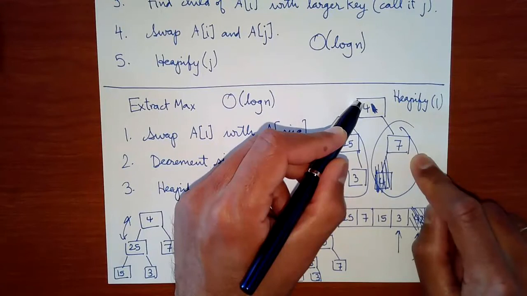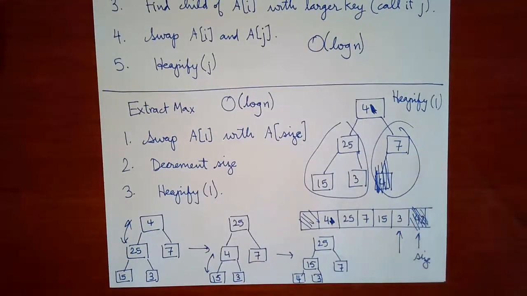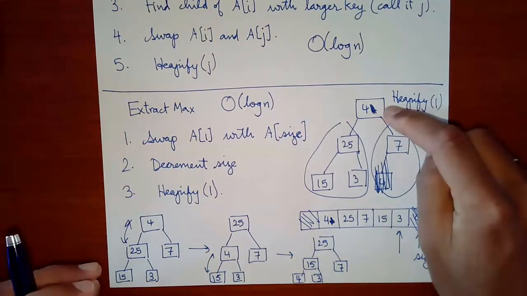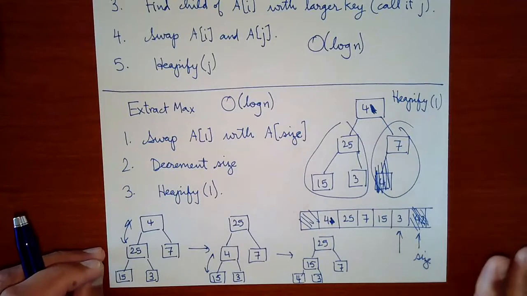Now, if you made more changes, then Heapify will not be able to fix the problem. So it's not like it will handle any problem. It only handles a very specific problem, which is that there is an issue with one node, and it will fix that.